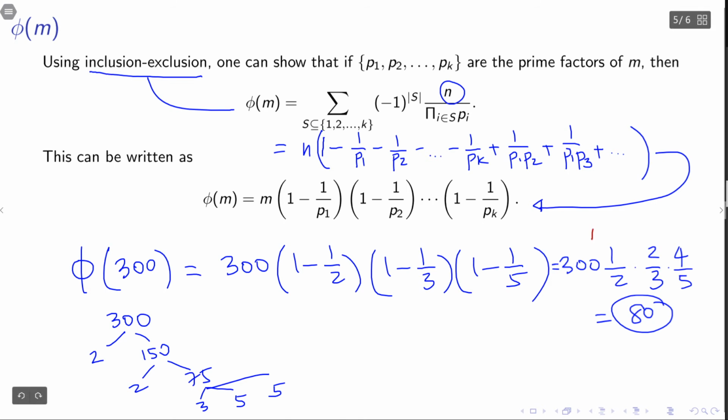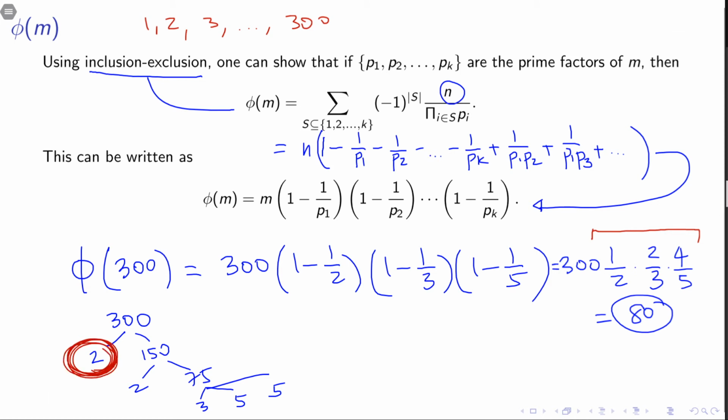And this formula actually intuitively makes sense if you think about it. If 2 is a factor of 300, then when you're going through that whole list of integers up to 300, you have to remove all even numbers, right? Those that are divisible by 2. That's what this does. This tells me, let's keep half of the integers from 1 to 300.